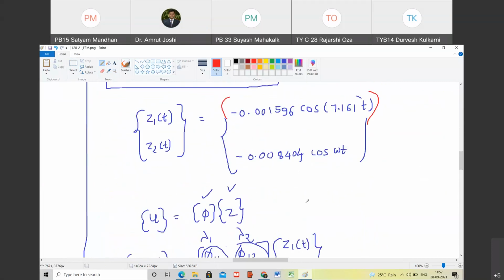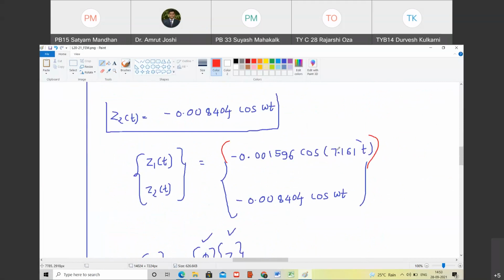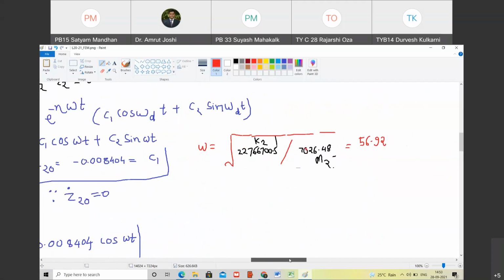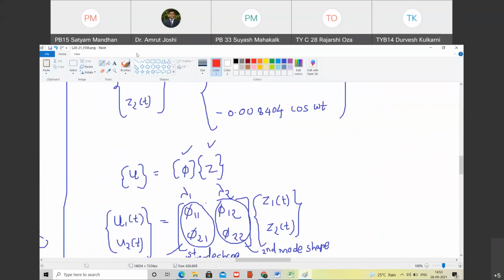Are you with me? Yes, sir. So then this also becomes 22.5. Happy? Yes, sir. Second case, this frequency turns out to be 56.92. So this is going to be cos of 56.92 times t.